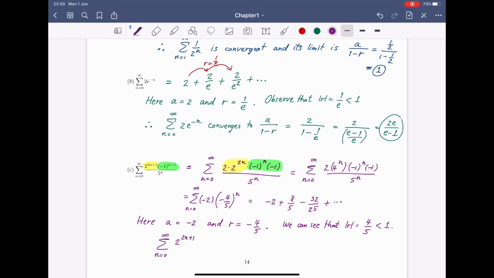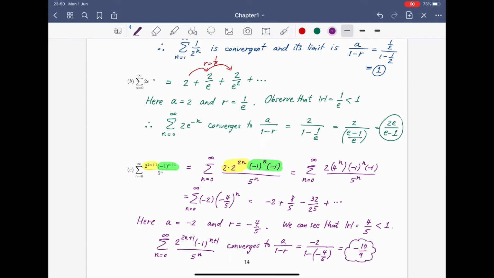And it goes to the limit a over 1 minus r. So this converges to a over 1 minus r, which is negative 2 over 1 minus (negative 4/5). After you compute this, you end up with negative 10 over 9.